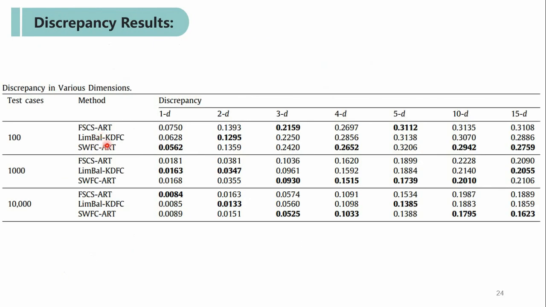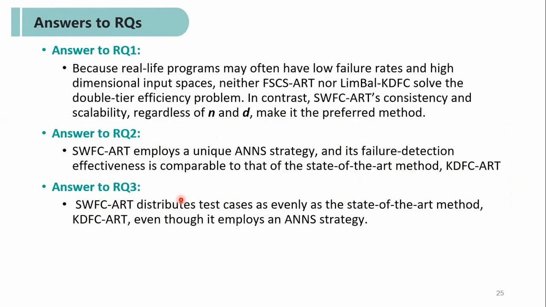The discrepancy results of SWFC-ART are not much different from Limbal KDFC and FSCS-ART. So the answers to the research questions: because real life programs may often have low failure rates and high dimension input spaces, neither FSCS-ART nor Limbal KDFC solve the double tier efficiency problem.